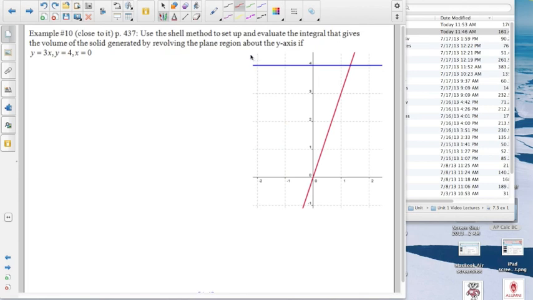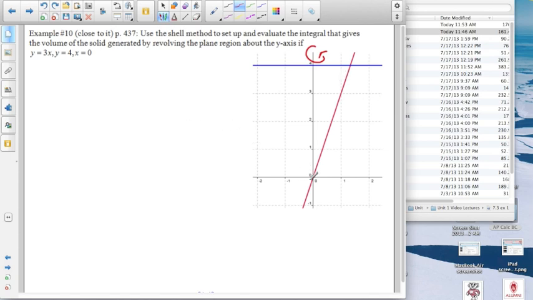You may also recognize this one as a cone as well. It's just inverted. And so if we revolve this triangular shape about the y-axis, we just get this inverted cone here, kind of like one of those cups you drink out of at one of those coolers, those water stations.